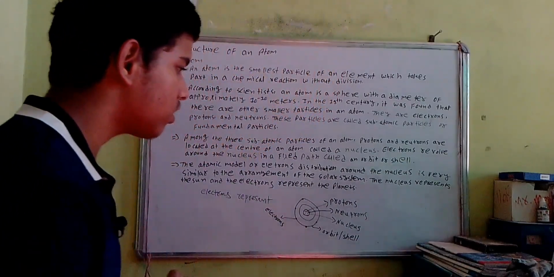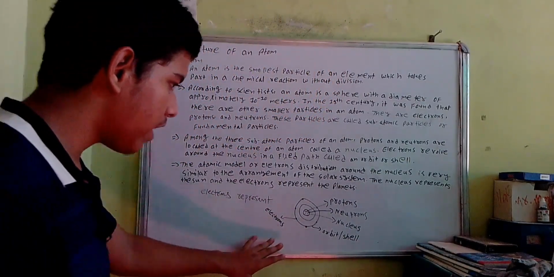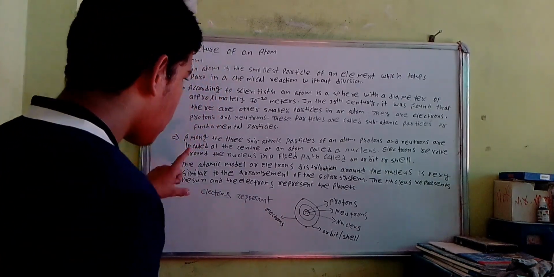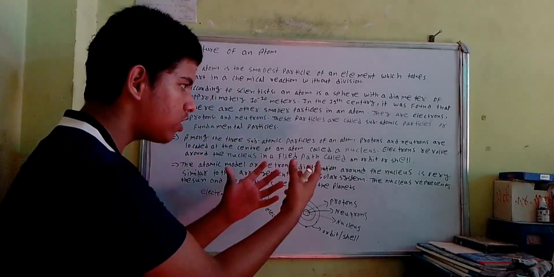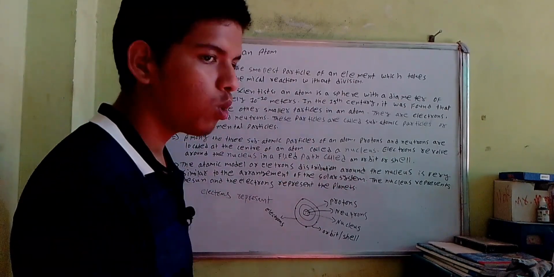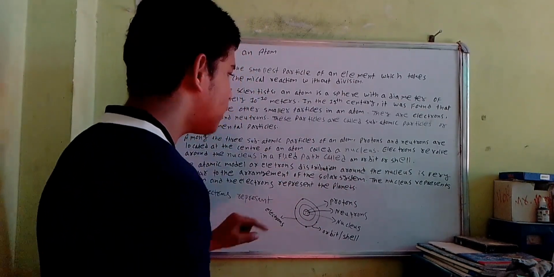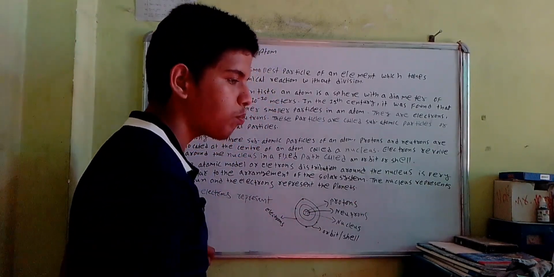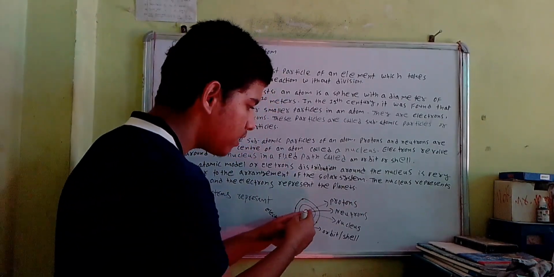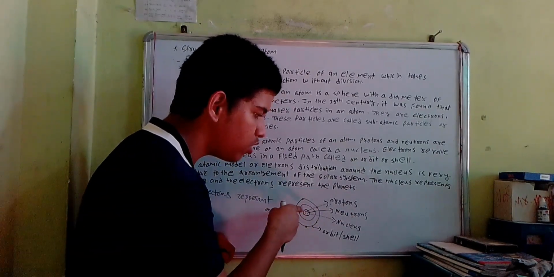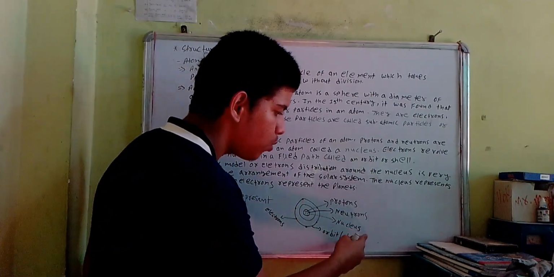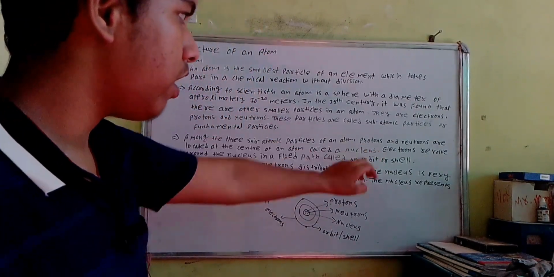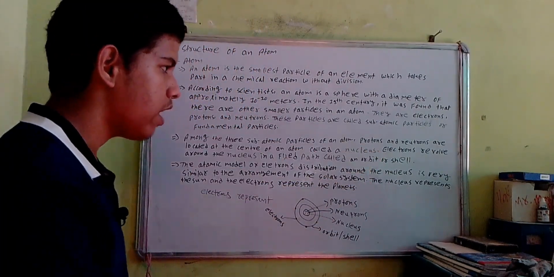Let me again explain this thing a little bit in brief. First, among the three subatomic particles, neutrons and protons are located at the center of an atom called the nucleus. So neutrons and protons are located at the center, and that center is called what? Nucleus, right? So inside the nucleus, not electrons, protons and neutrons are located.